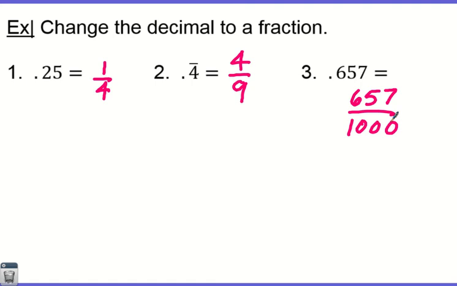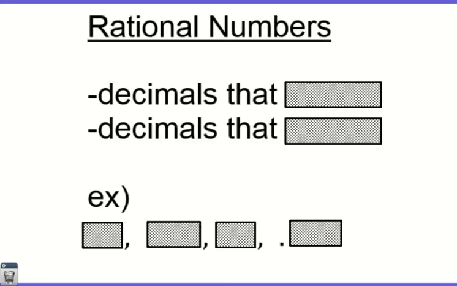Hey, even calculators have their limits, right? But I'm going to go ahead and assume that 657 over 1,000 cannot be reduced. Maybe I'm just being lazy right now. Sue me. Okay, so that was converting between decimals and fractions.